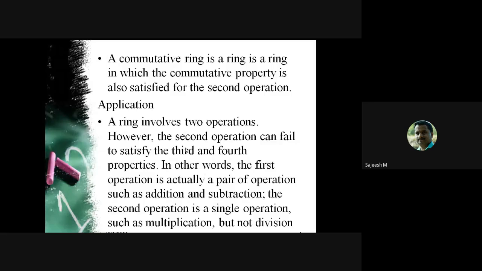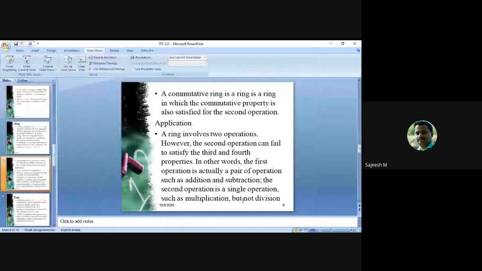However, the second operation can fail to satisfy the third and fourth properties. In other words, the first operation is actually a pair of operations such as addition and subtraction, and the second operation is a single operation such as multiplication, but not division. Here the division operation is not possible.